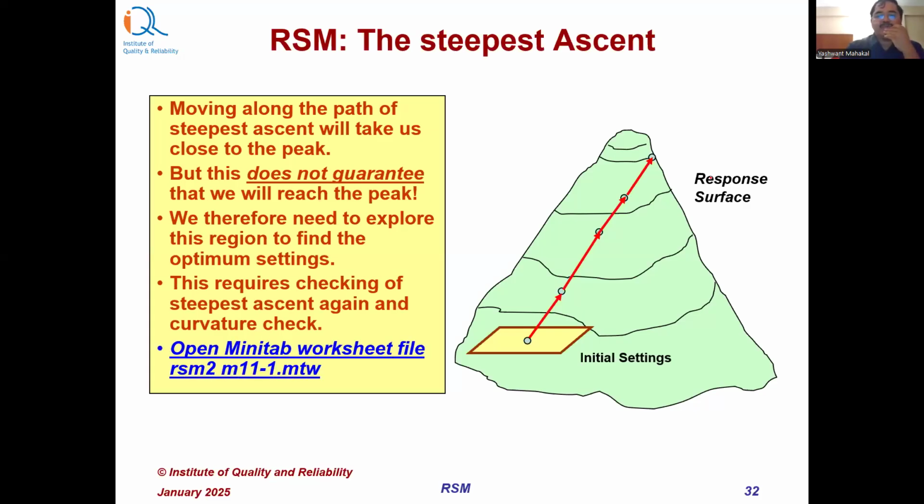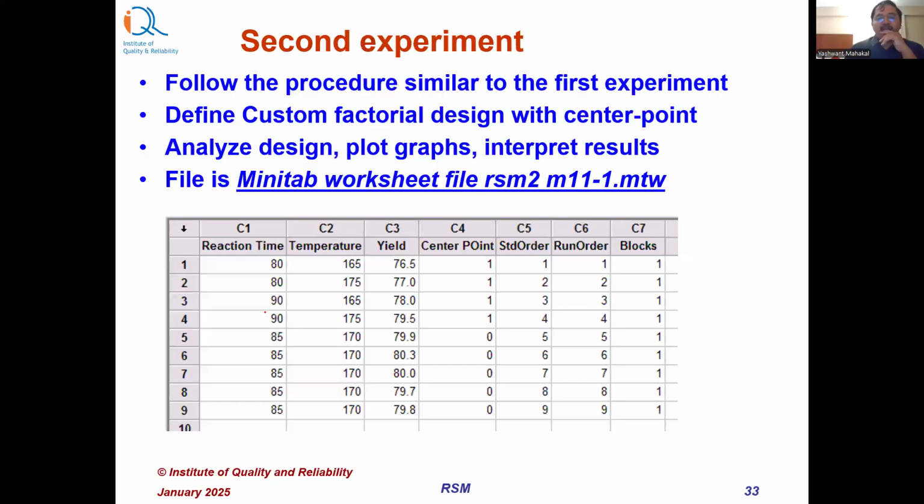So what do we do? We now perform the same experimentation, but at settings which are 80 and 90, and 165 and 175, so that we have that region, and then 85 and 170 are the center points.